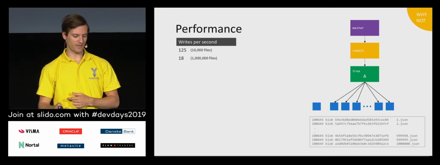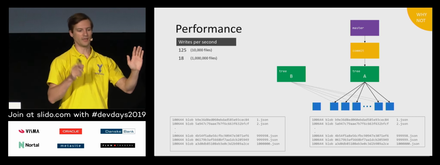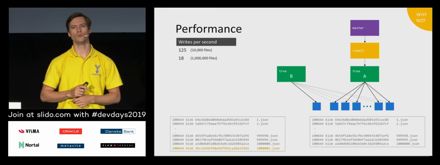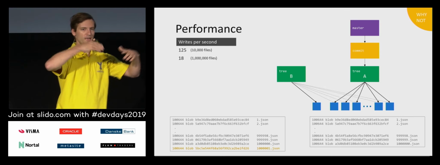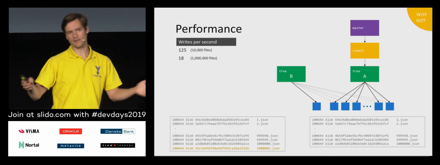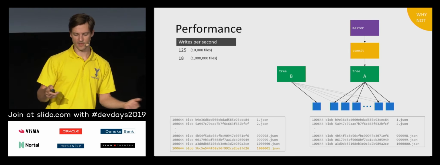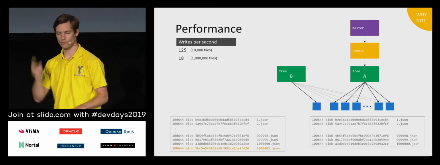So if I add a file, I create a new tree, I copy the 1 million lines and add 1 to it. So you can see that the bigger my repository gets, the bigger that file is going to get and the longer it's going to take to write it. So that's the cause of our write speed going down while the files go up.